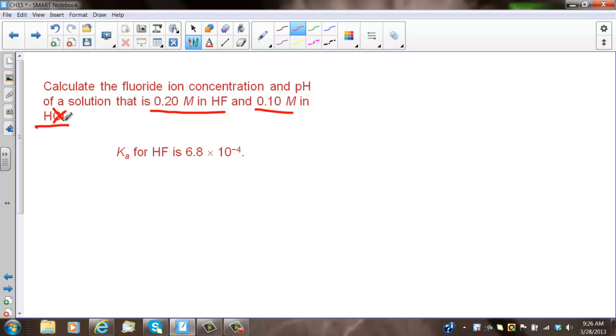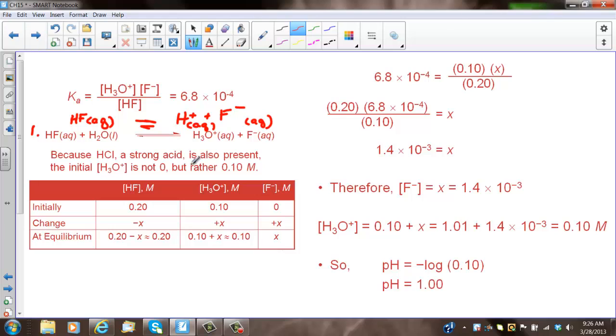So we're not interested in the Cl minus, we're interested in the H plus. So that's why this is 0.1, this is 0, minus x, plus x, plus x. So I have 0.2 minus x, which I told you is technically 0.2, but you can leave it and put it in your solver, and 0.1 plus x, which is approximately 0.1, and x.